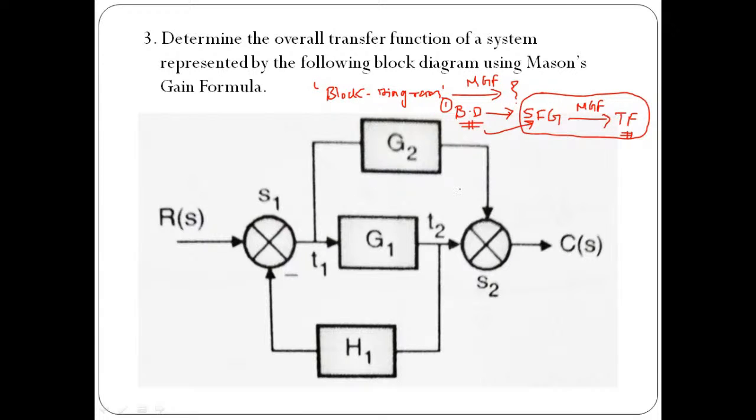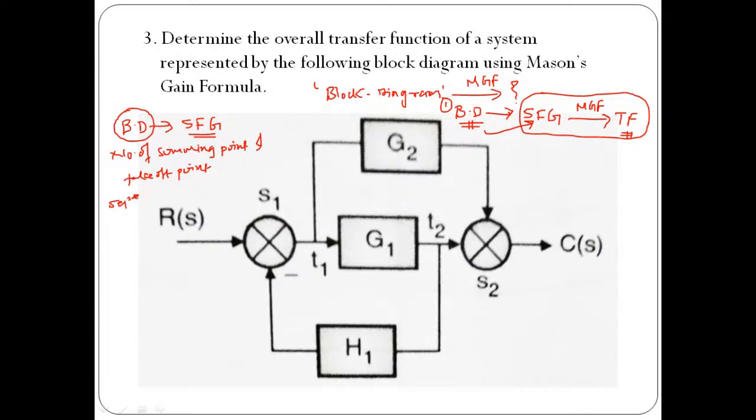To convert a block diagram into its corresponding signal flow graph, first of all, in the block diagram we need to identify how many summing points and takeoff points are available, and then we need to assign each summing point and each takeoff point a separate node.